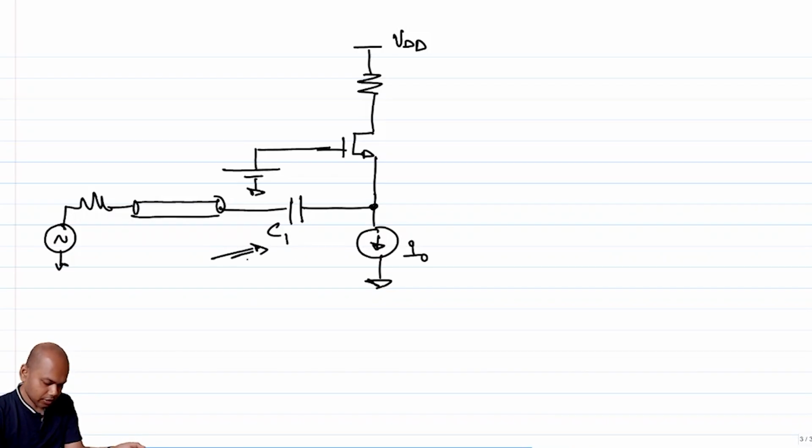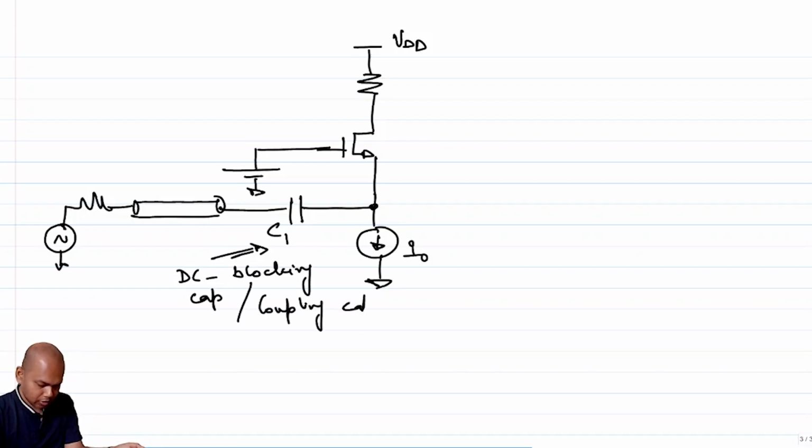So this is a DC blocking capacitor or a coupling capacitor, right? Which couples the input to the source, right? So the next thing is how do I decide on the value of the capacitor?